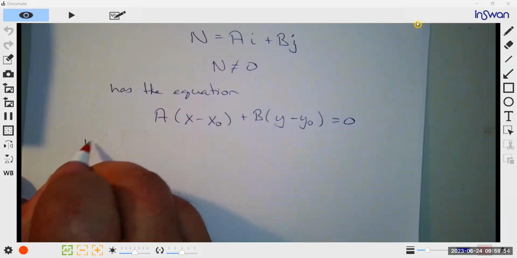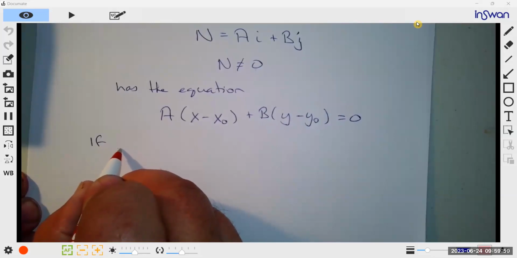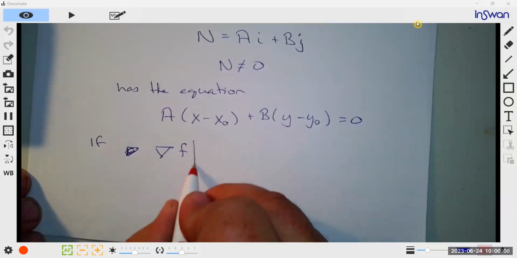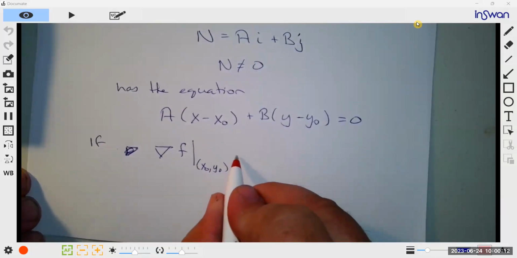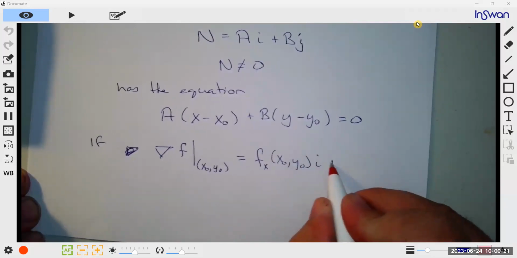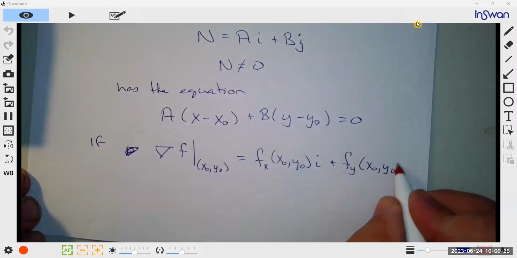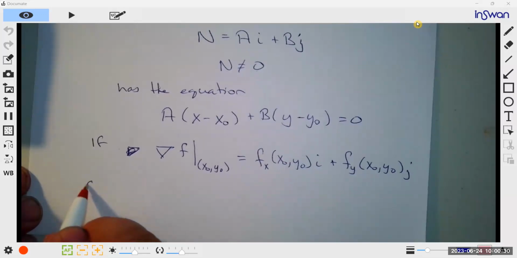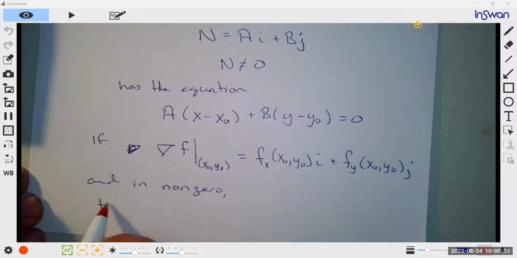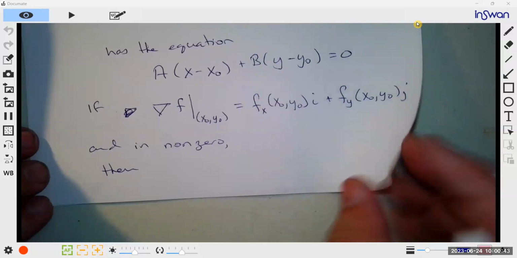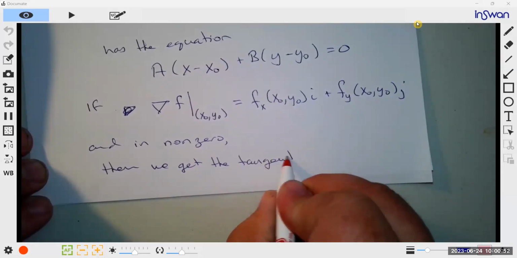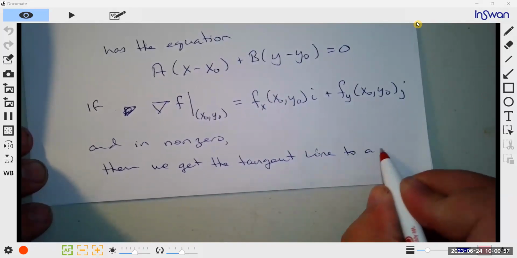We'll build up on this. If del f at our point x sub 0, y sub 0 is equal to the partial of f with respect to x at x0, y0, i, and the partial with respect to y at x sub 0, y sub 0, j, and is non-zero, then we get the tangent line to a level curve.